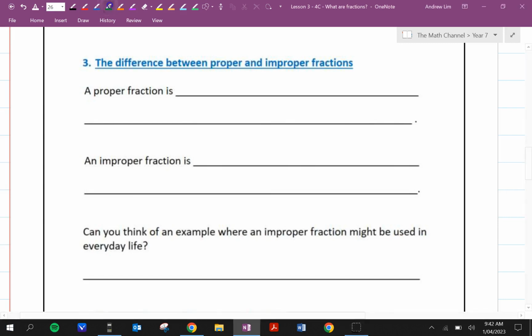Okay, so I would explain that a proper fraction is a fraction where the numerator is smaller than the denominator.